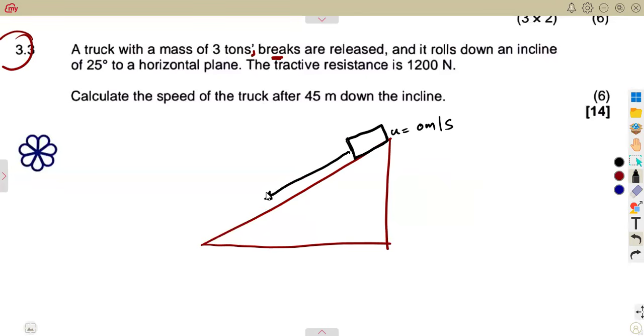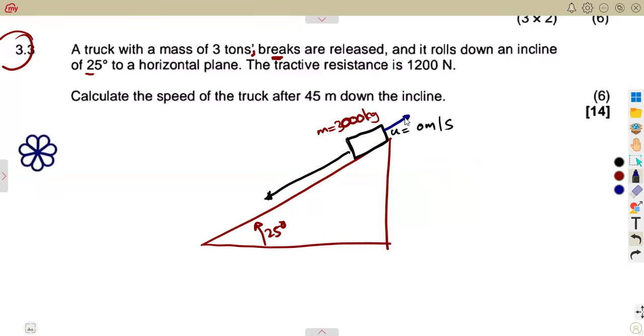We have the mass of 3 tons, which is 3,000 kilograms. Remember, a ton is 1,000 kilograms. Down an incline of 25 degrees to the horizontal plane. The tractive resistance is 1,200. As it is going down, it is going to be opposed.